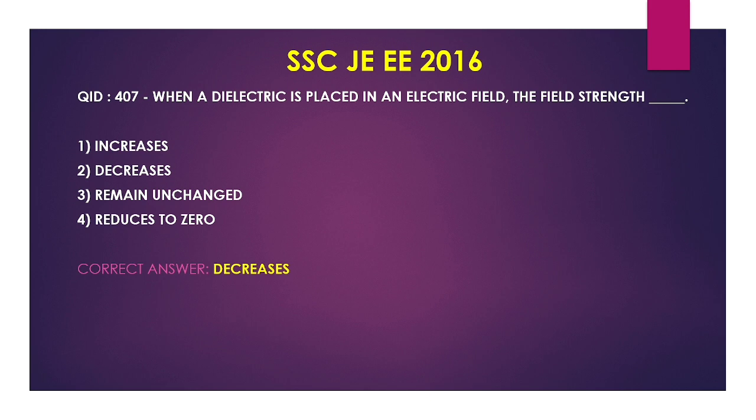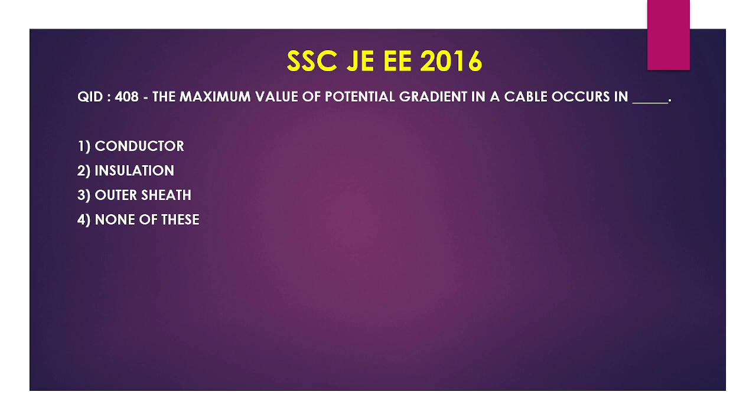Okay friends, now let me move to the next question. The maximum value of potential gradient in a cable occurs in dash. Potential gradient means the ability of a conductor to conduct the current.